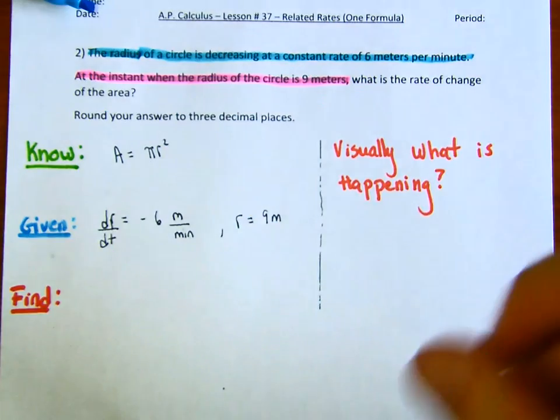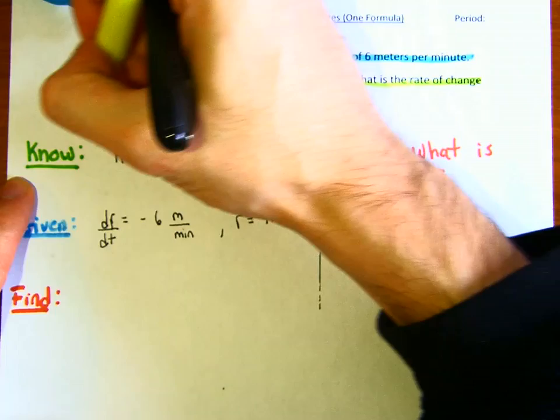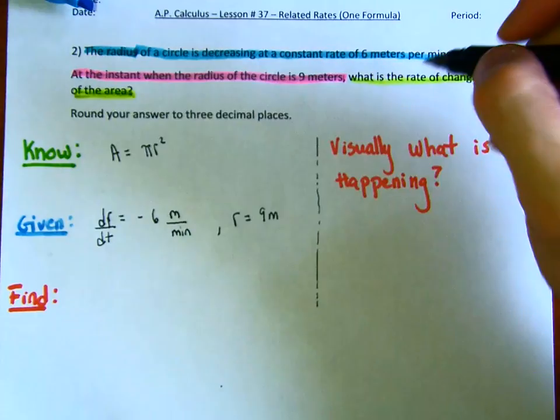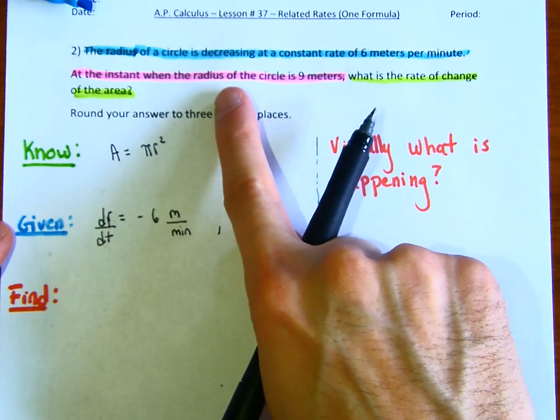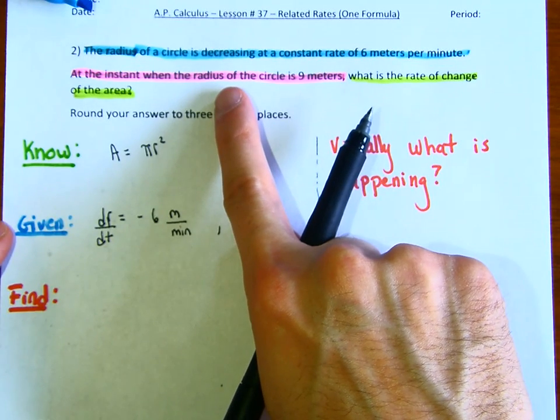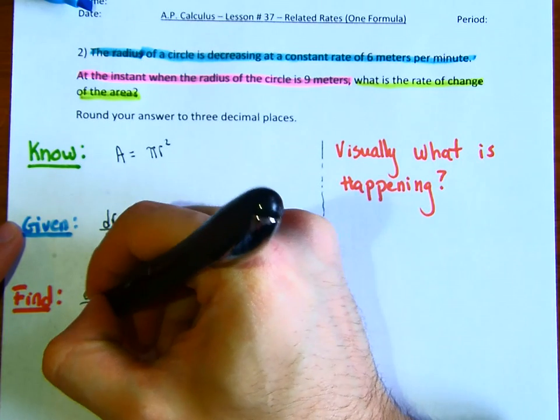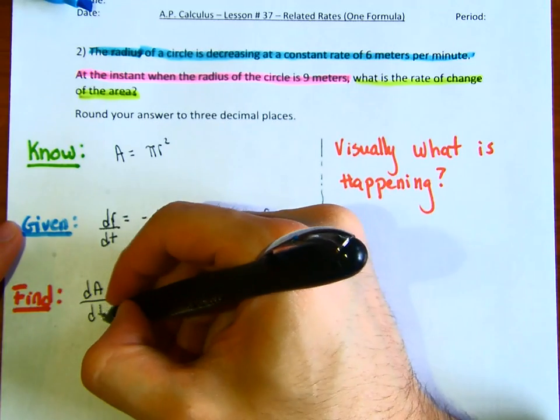We know this is what we want to find. So dA/dt equals question mark, and that's what we want to find.